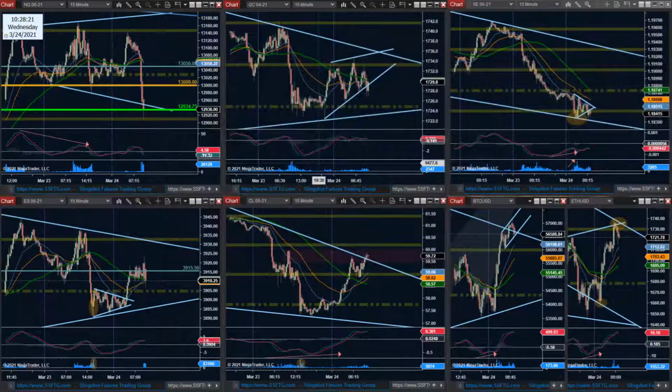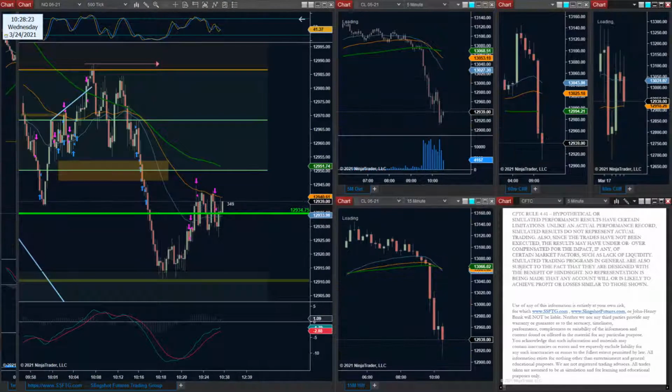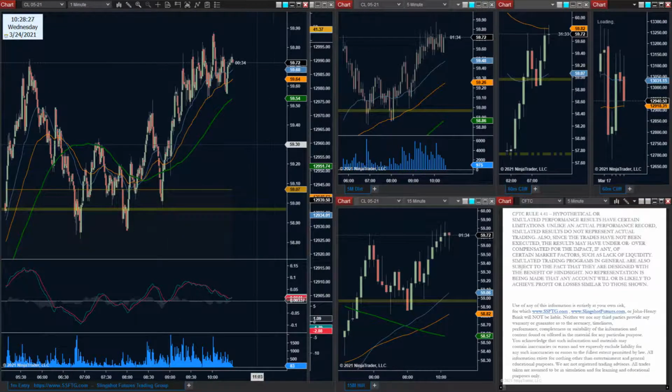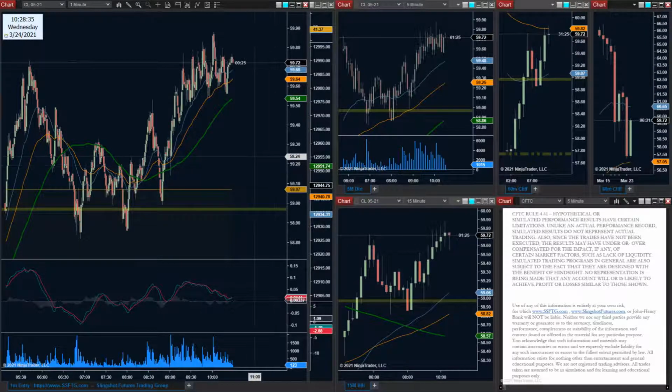Crude oil inventories right around the corner. So again, the anticipation for inventories is to be bearish. Whether or not that's actually the case, well, we'll see.